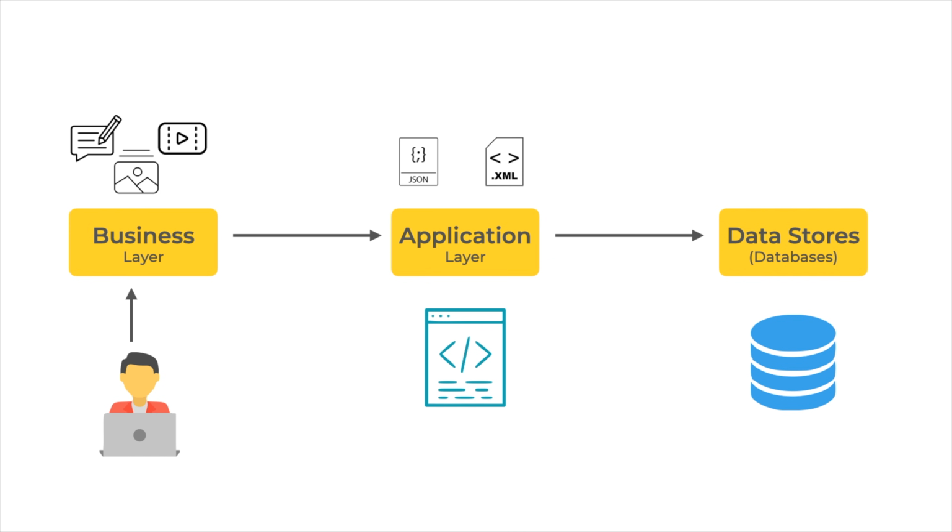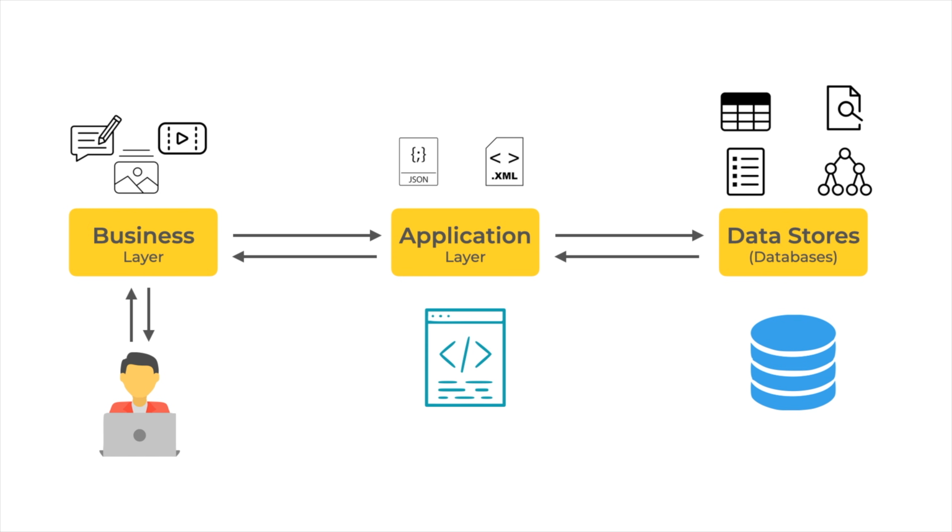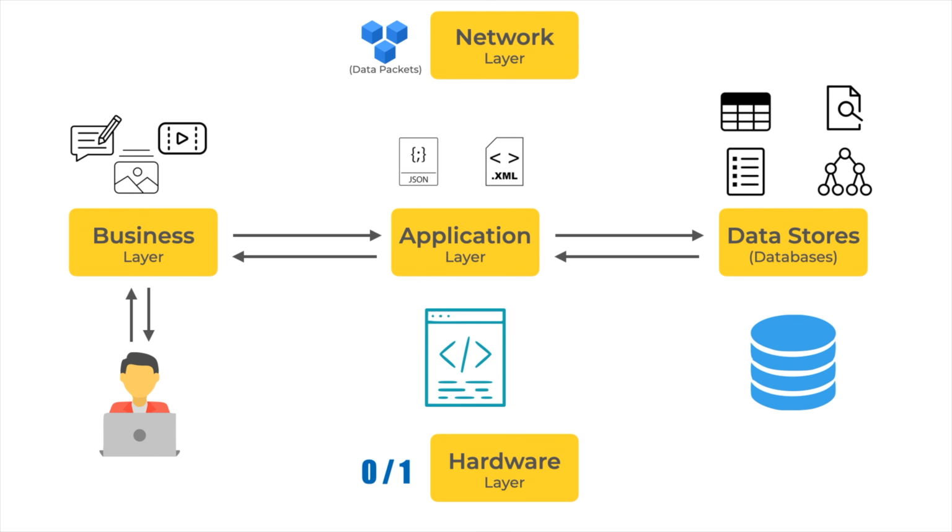The examples can be tables, indexes, lists, trees, depending on which DB technology you're using. Then at the network layer, data gets transferred from one machine to another over the network in the form of packets. And finally, at the hardware level, it's just zeros and ones. So this is the journey of representation of data on different layers.